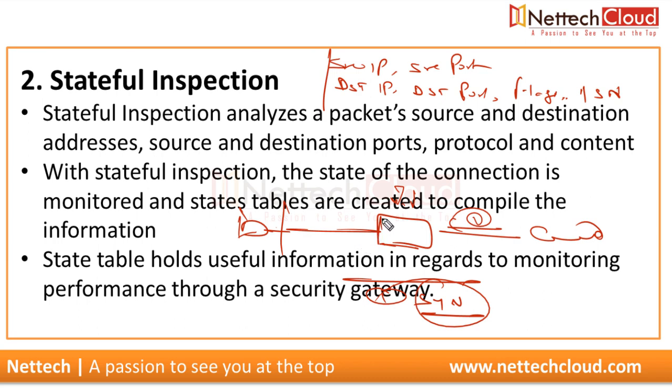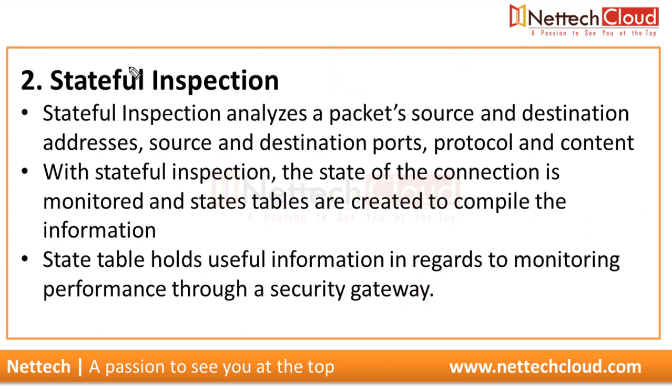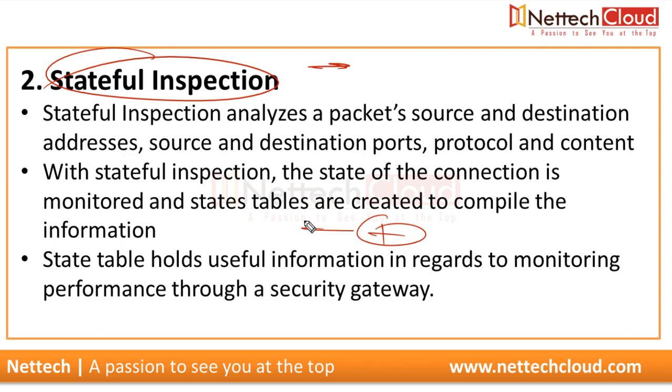Even for UDP based applications, source and destination IP and source and destination ports are maintained here in the connection state table. So stateful inspection means first maintaining the connection state table. Connection state is known to the firewall now. It's not like the stateless behavior, I mean routing the traffic and then just forgetting everything.